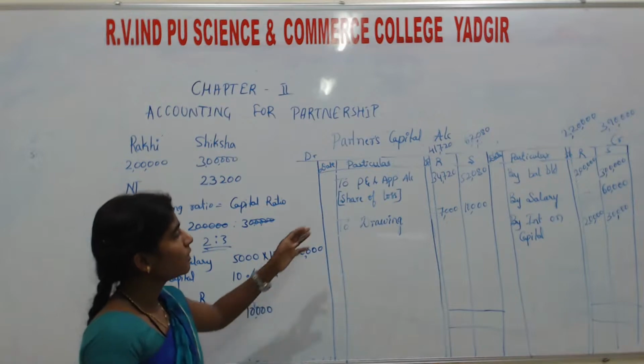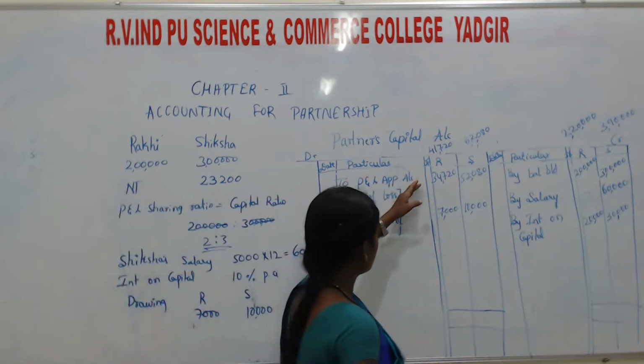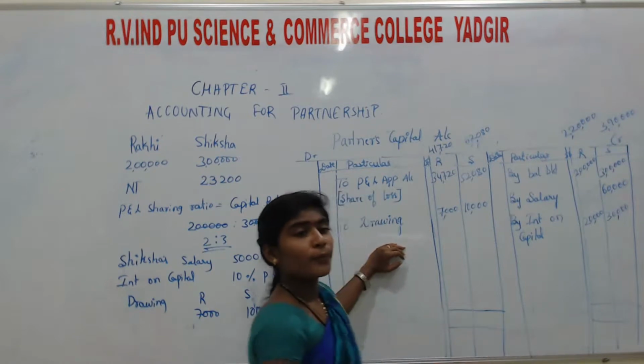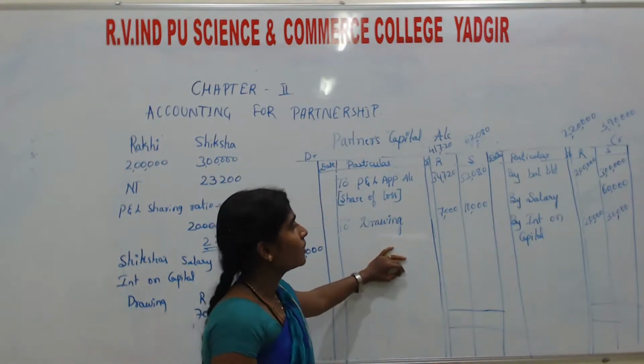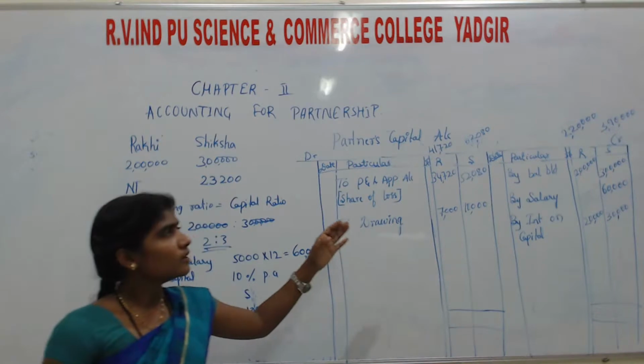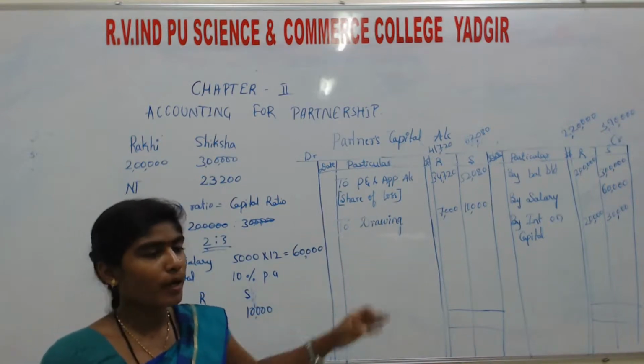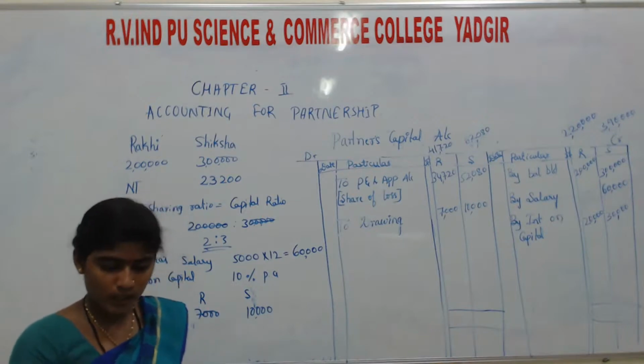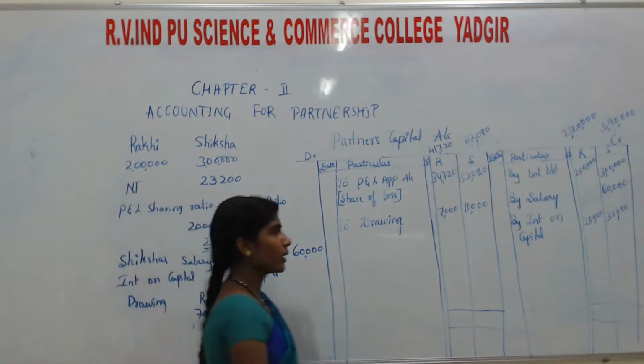After expenses and losses are deducted, then also the firm has to pay to partner Shiksha rupees how much? 3,27,920.